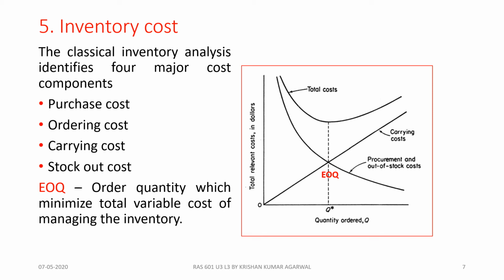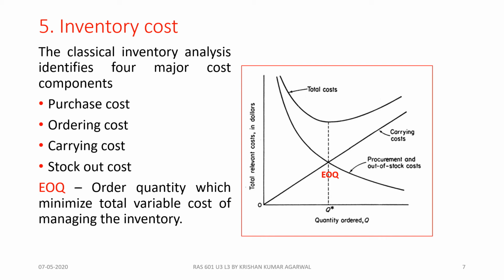Whereas you can see in the diagram that procurement cost initially is very high. To order the material, first we have to work out the demand and the schedule, and then we can place the order.